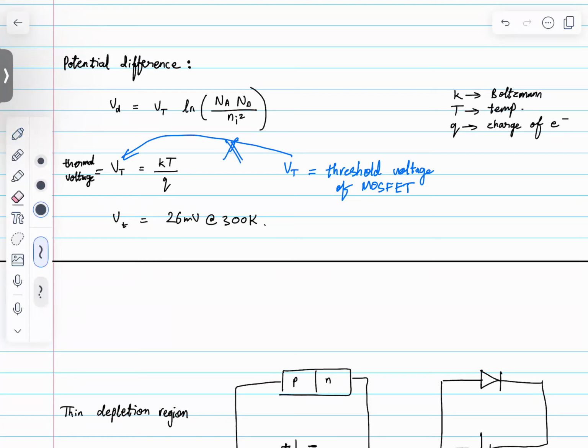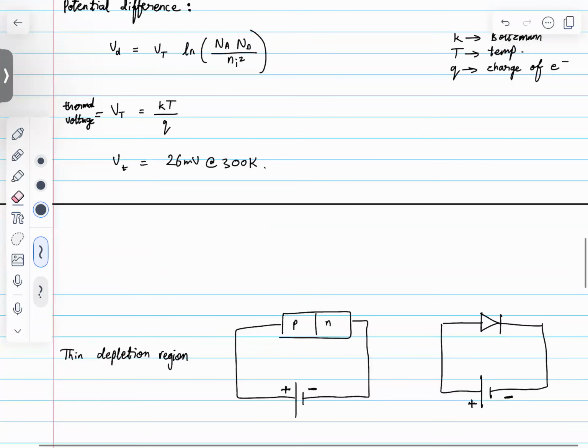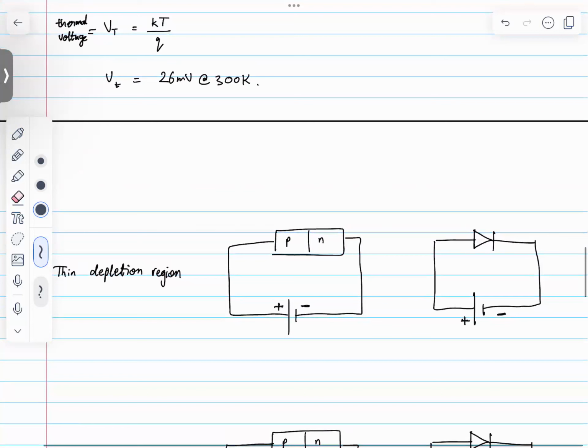What we're talking about here is the thermal voltage, and the other is the threshold voltage of the MOSFET. Even though the letters are the same, they are two very different things. And so, yeah, the thermal voltage is around 26 millivolts at 300 Kelvin.